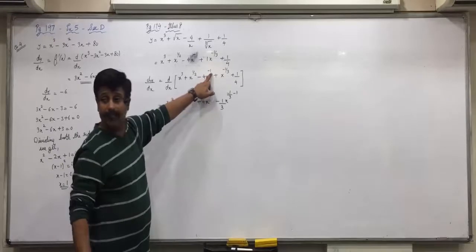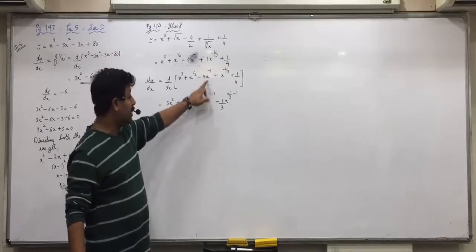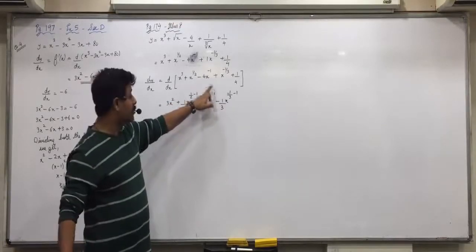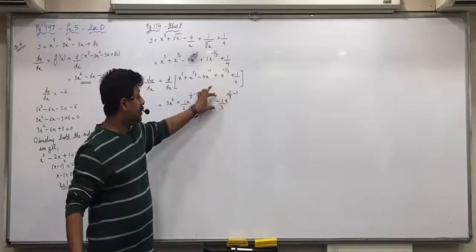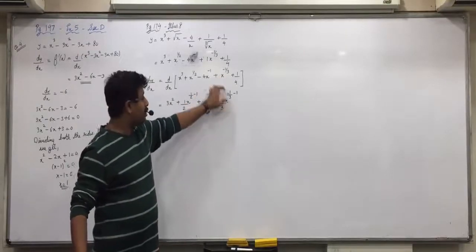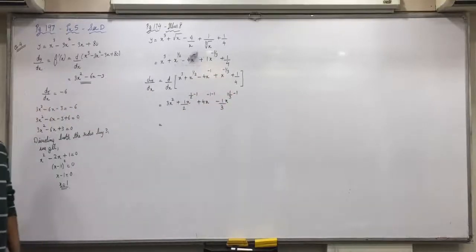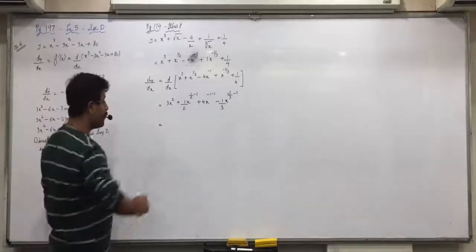Minus 4 into minus 1 plus 4 x raised to, n is minus 1, minus 1. The power is n minus 1, so minus 1 minus 1. Now here n is minus 1 by 3, x raised to n is minus 1 by 3 minus 1, x raised to n minus 1. Did everyone understand this? And last 1 by 4 becomes 0.